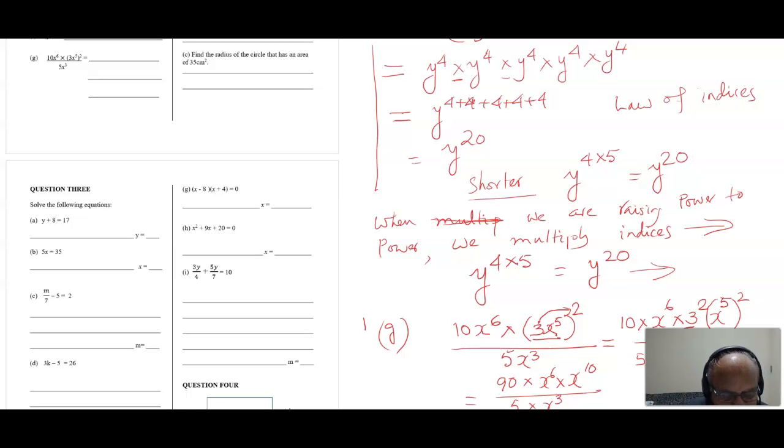I have shown the multiplication sign just to make it easier to understand. Now 5 goes into 90. 5 goes into 90 18 times. That's still the top number, the numerator, and the base is same, x to the power 6, x to the power 10. That'll give me x to the power 16, and that'll give me 5 times x to the power 3.